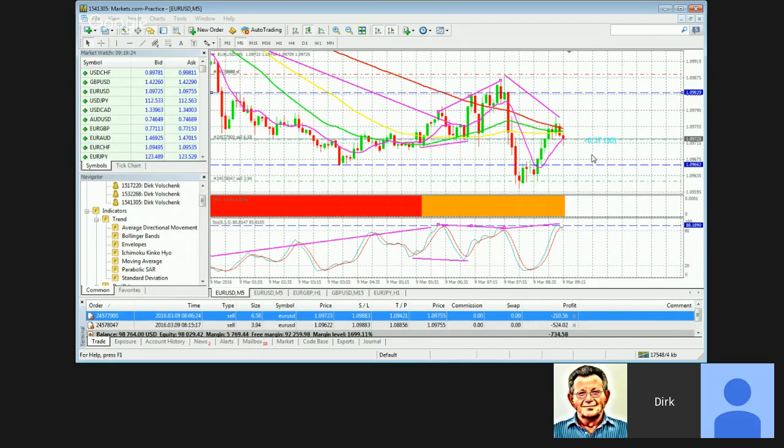Slowly but surely moving down. Almost 30 seconds before we get the confirmation of the cross, and it should start heading lower.